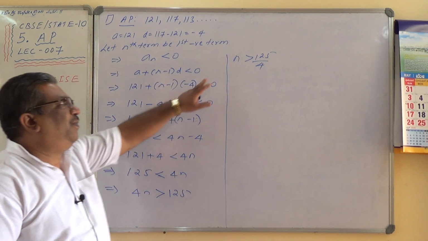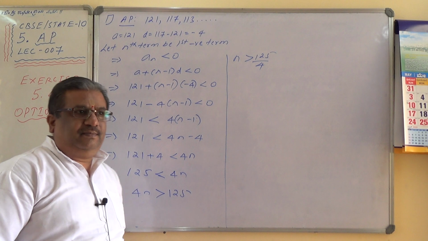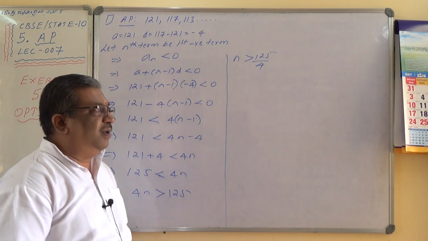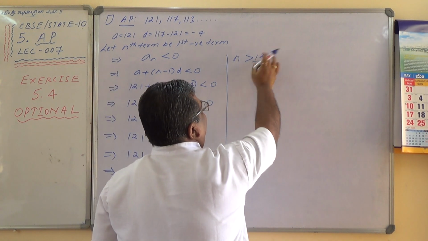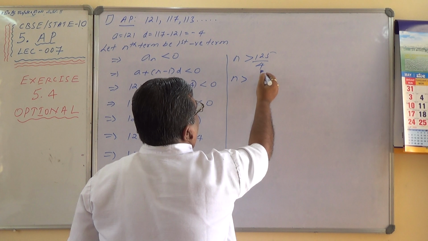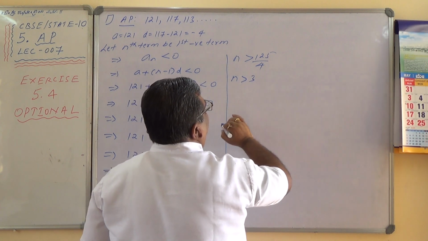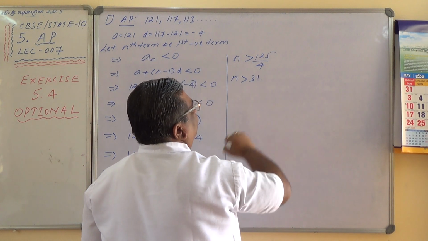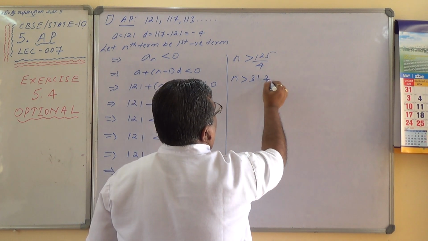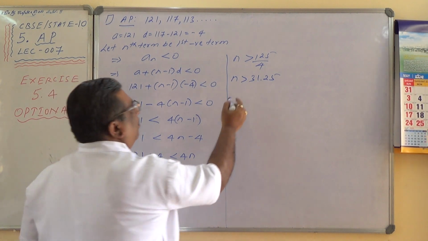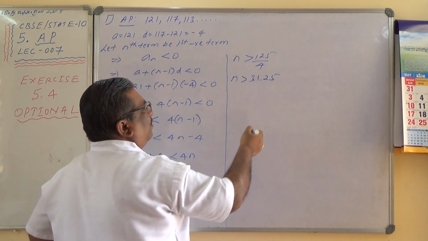Because n should be a positive integer, a natural number, it should be greater than this fraction. So how much is this one? 4 threes are 12, 4 ones are 4, point, 31.25. So therefore n should be greater than 31.25.